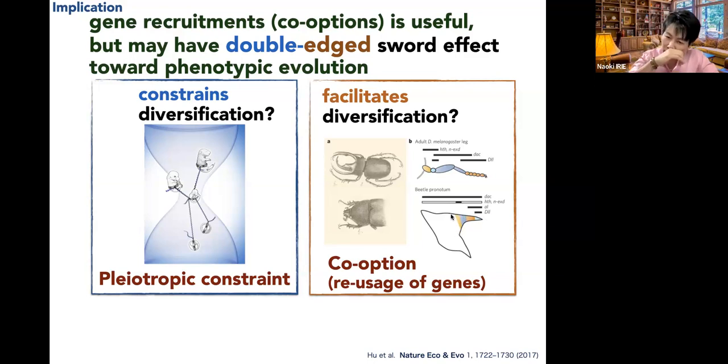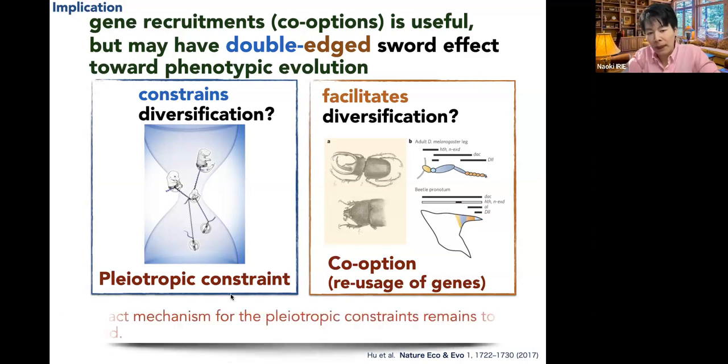So our understanding is that since regulatory changes are easy to make drastic changes, it may sometimes facilitate the evolution of new traits. But our results are contradictory, because when we reutilize genes too much, it may lead to pleiotropic constraints or evolutionary conservation.